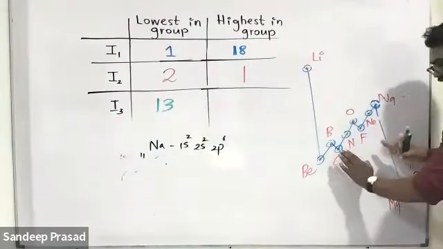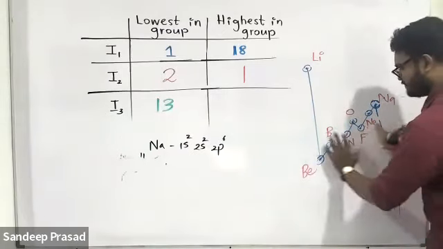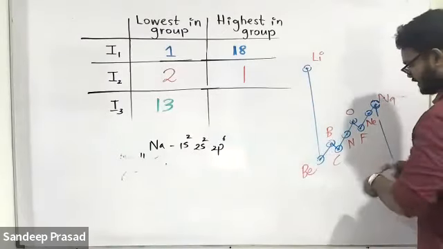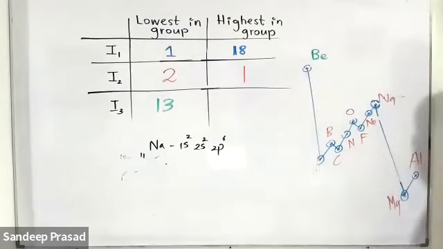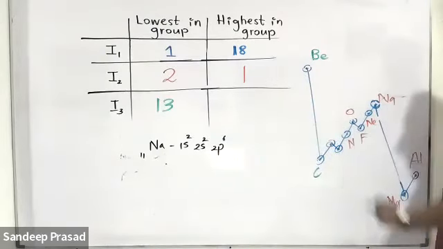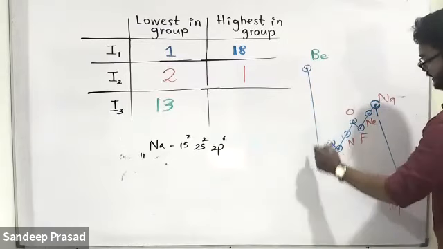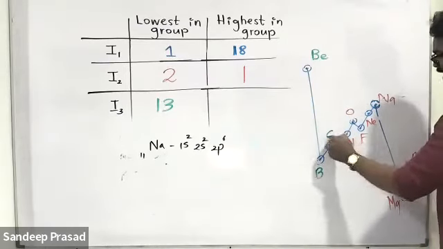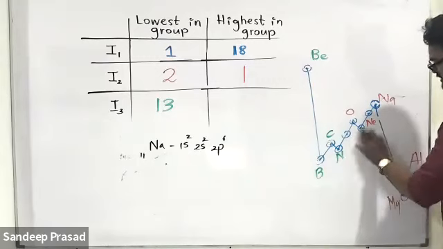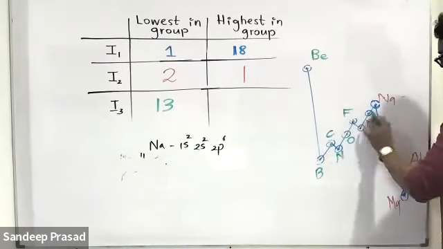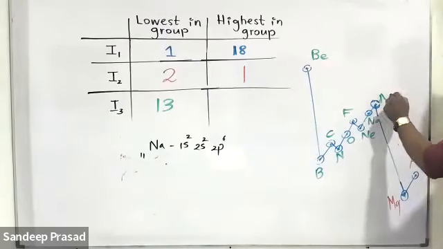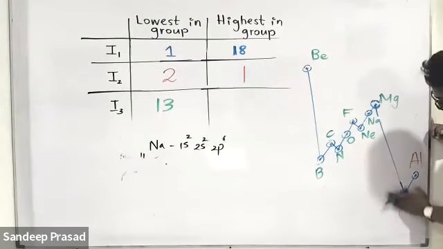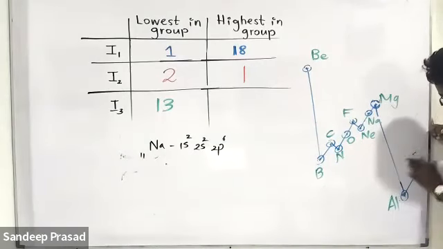That means again in this graph these elements are shifting to the left-hand side. That means beryllium should come here. Now look at the graph: beryllium should come here, carbon should come here. Lithium, beryllium, boron, carbon, nitrogen, oxygen, fluorine, neon, sodium here, magnesium, and here we have aluminium, silicon.